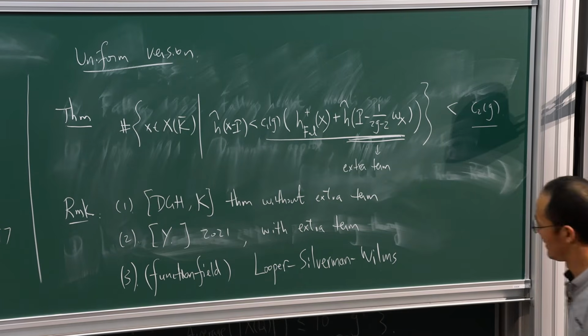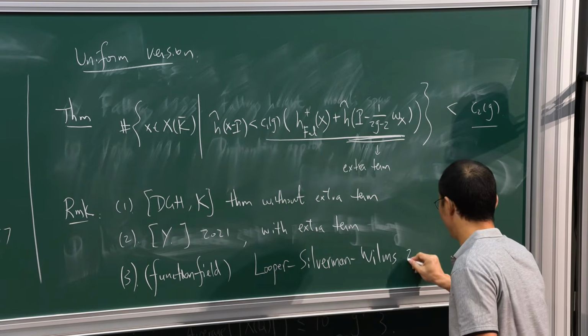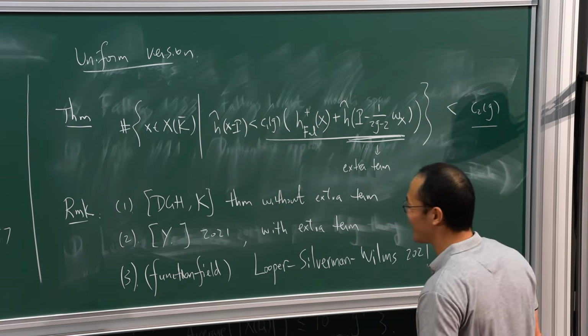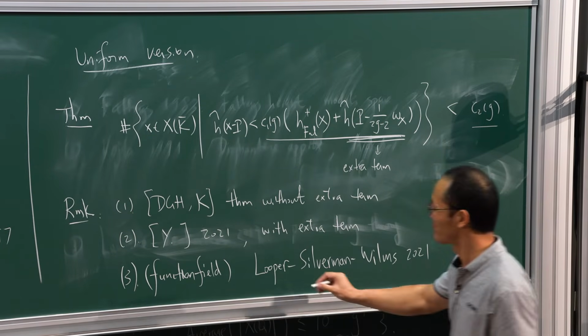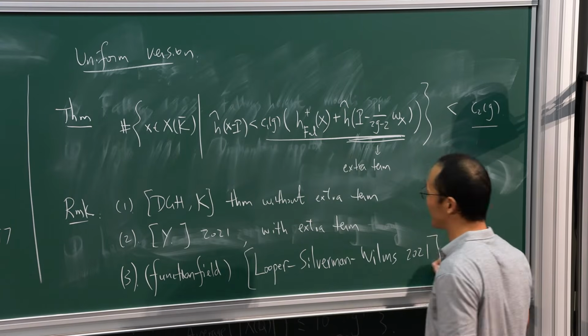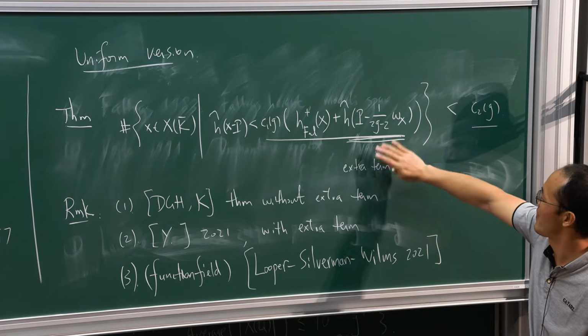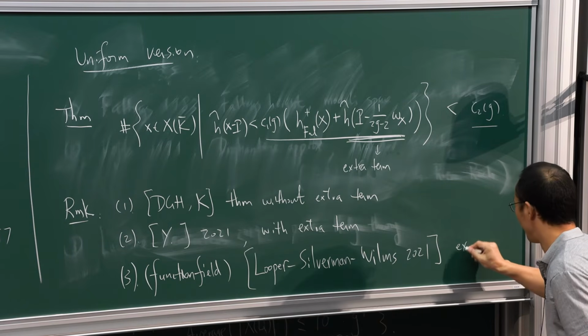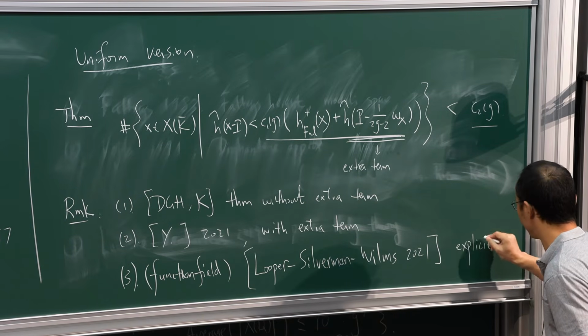So this is still 21. That year is for uniform Mordell. Okay, so over function fields, they get this bound without the extra term. But the most important thing to us is that they have explicit constants.